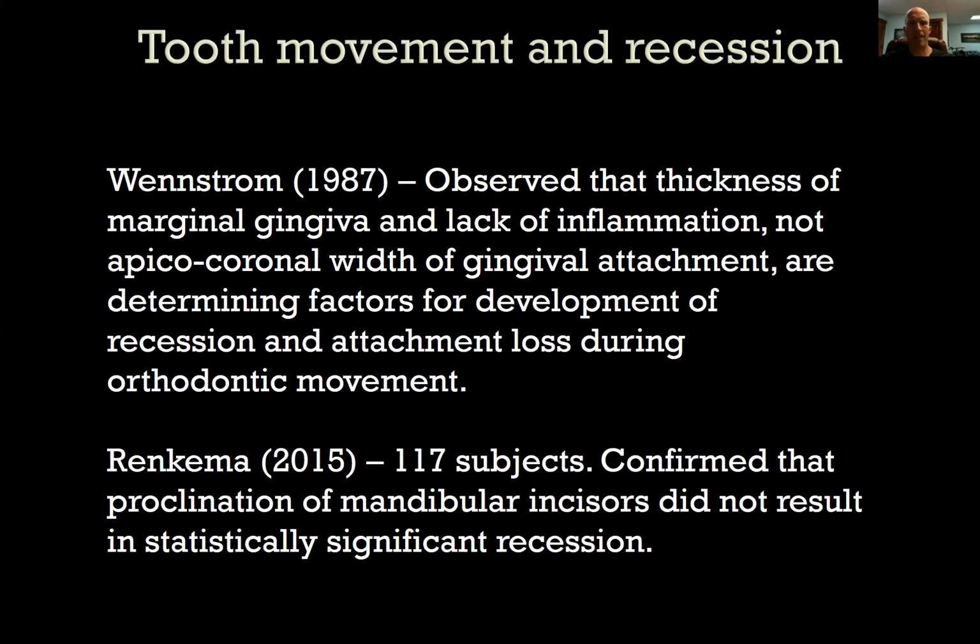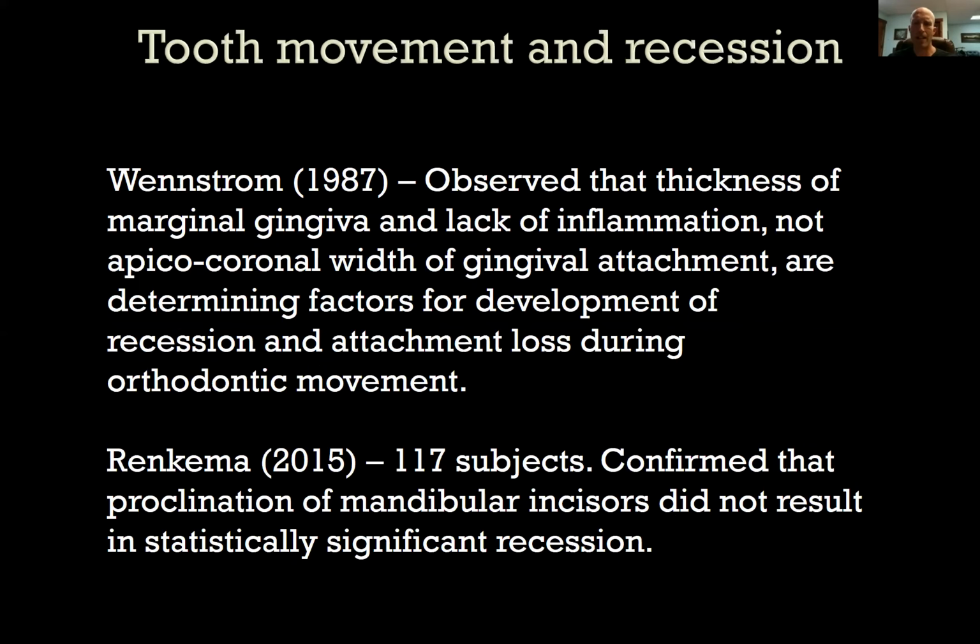Weinstrom in 87 said that the thickness of the marginal gingiva and lack of inflammation are determining factors for development of recession. And Renkema in 2015 confirmed that the proclination of mandibular incisors did not result in statistically significant recession.